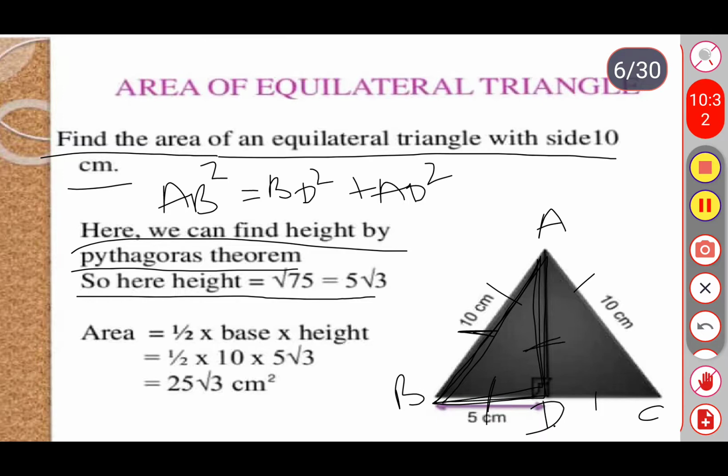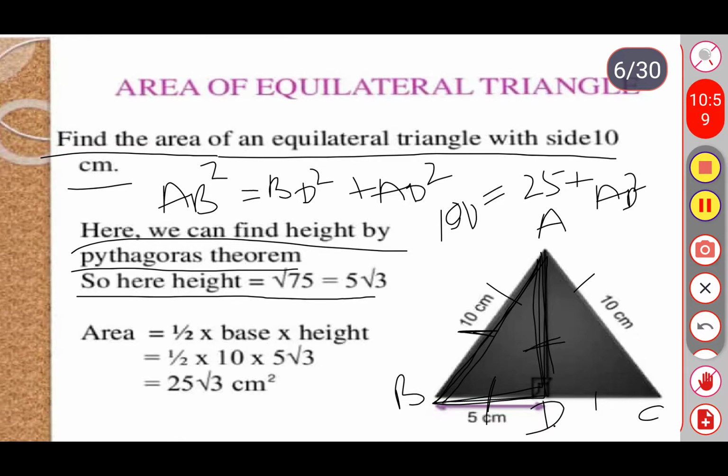In that, AB is already 10 centimeter, 10 square is 100, which is equal to, here BD length is given, that is 5 centimeters. So BD is equal to 5 centimeters. 5 square is 25, plus we don't know the height of the triangle, so write it as it is, AD square.